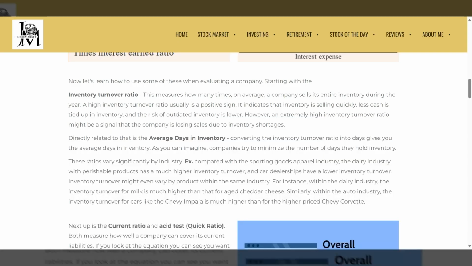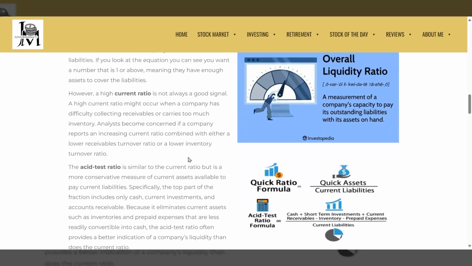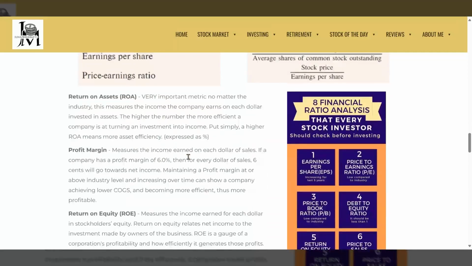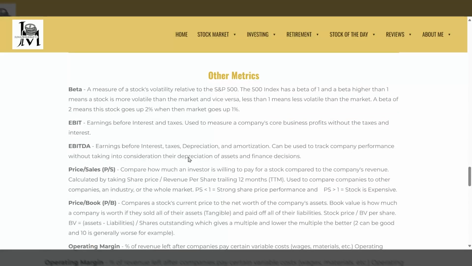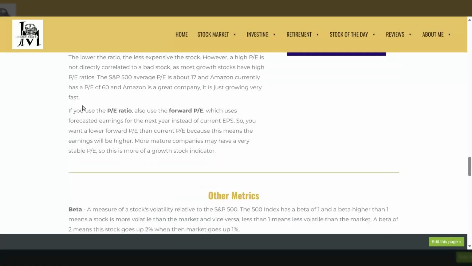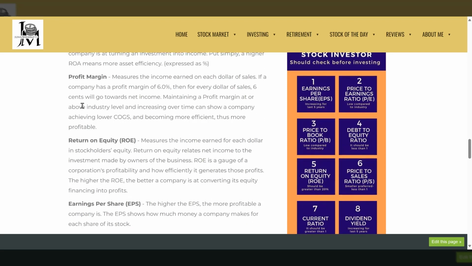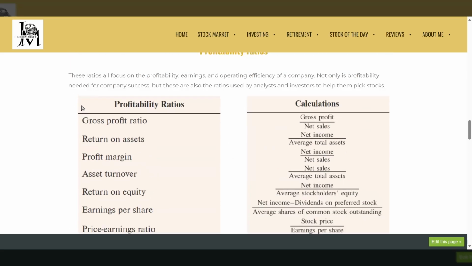All right, so now we're back for our last three that we're going to go over, which are efficiency ratios. I do have these listed on the website. I have some other efficiency ratios, but essentially what they are is how efficient a company can turn inventory into cash.